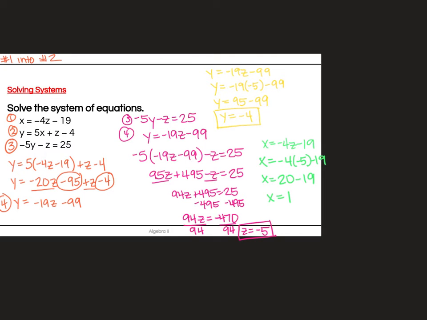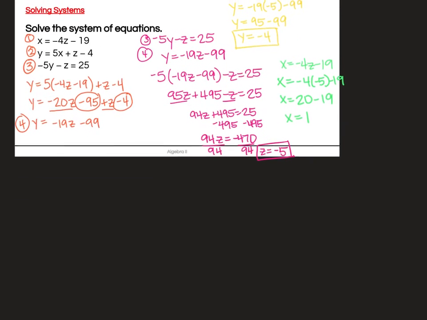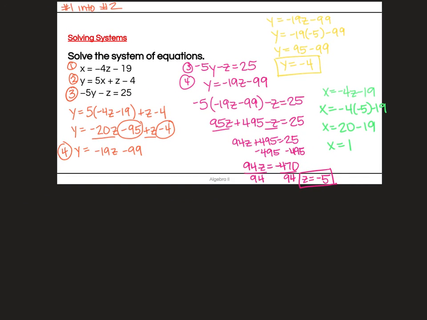And so my last step is to check. Which one am I going to use? If you look at all the equations, we have not touched number 2 since the very beginning, so we're going to use number 2 to check.